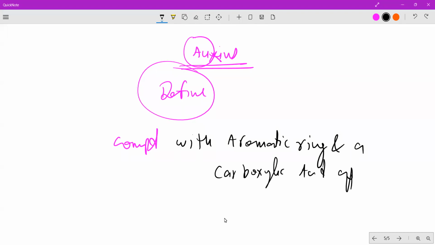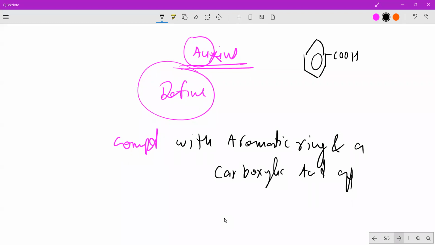So this is simply what an auxin is: a compound with the aromatic ring and the carboxylic acid group. That means they have a ring-like structure and they'll also have a COOH group. Did you understand? So this is simply what auxin is.